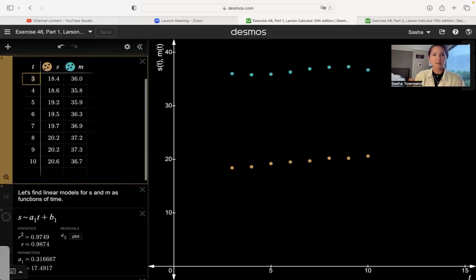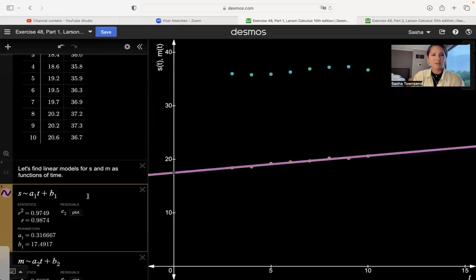One thing I want you to notice right away is that the number of single women is this set of orange dots, and the number of married women is this set of teal dots. There are a lot more married women than single women in the workforce during these years, according to the data from the table in the textbook.